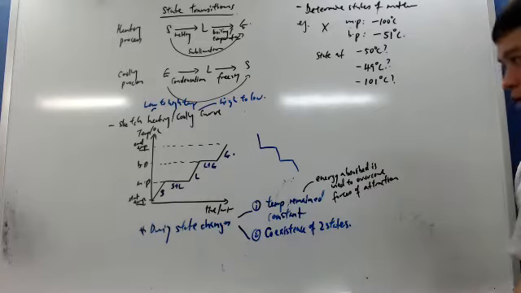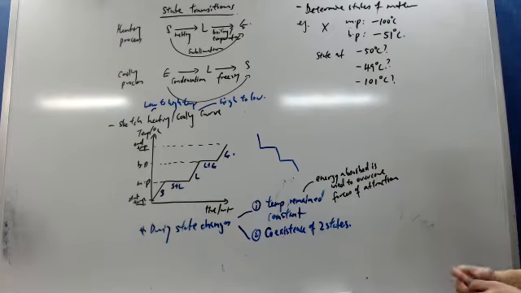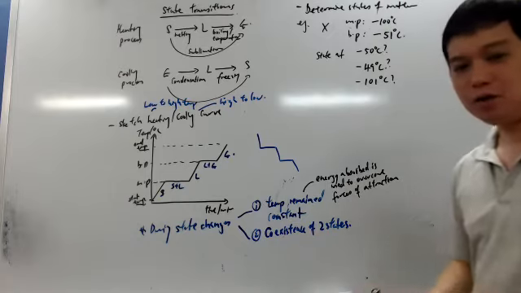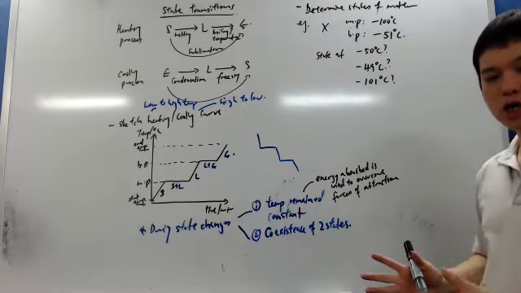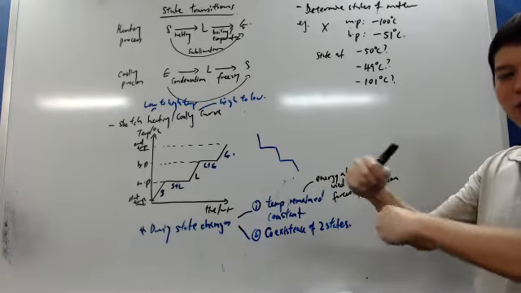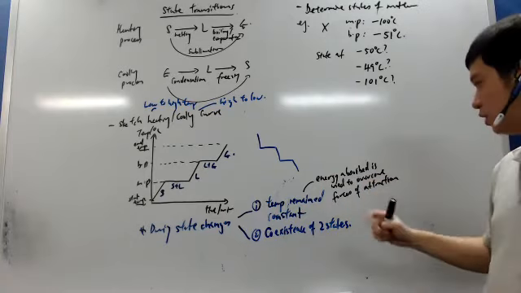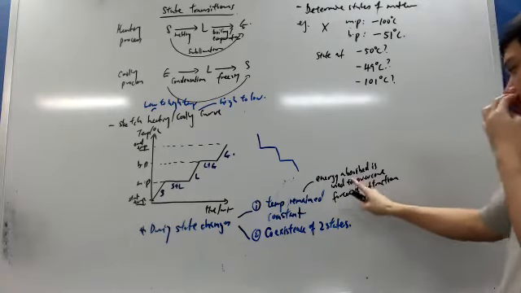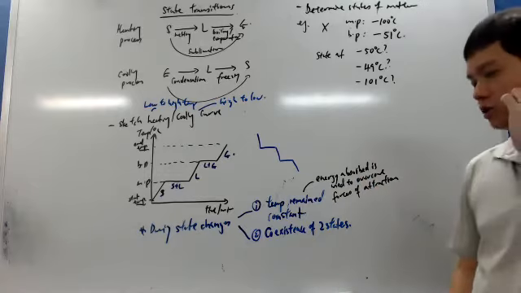Remember, from solid to liquid, the force of attraction in liquid, although both are strong, is weaker than in solid. So you have to overcome the strong force of attraction in solid, then the particles can move out of the fixed position, then are able to slide over one another. Okay, so when the energy is absorbed to do this, the temperature remains constant.